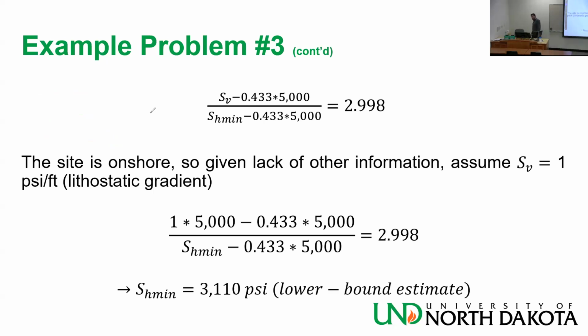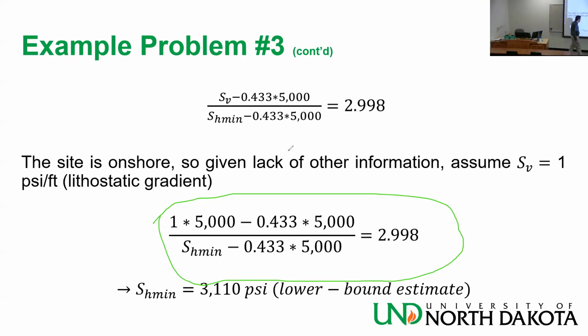This is because if I look at this equation here, imagine I use a lower SHmin. What will happen on the left-hand side? If this is lowered, the whole left-hand side increases, and it becomes unstable.